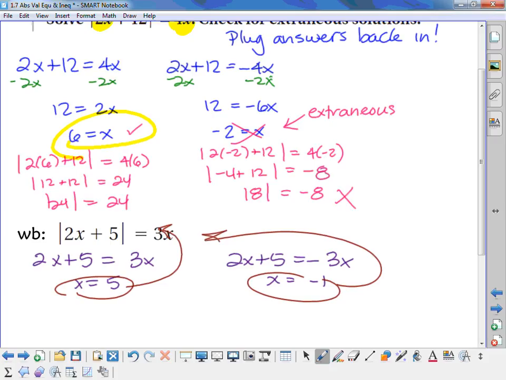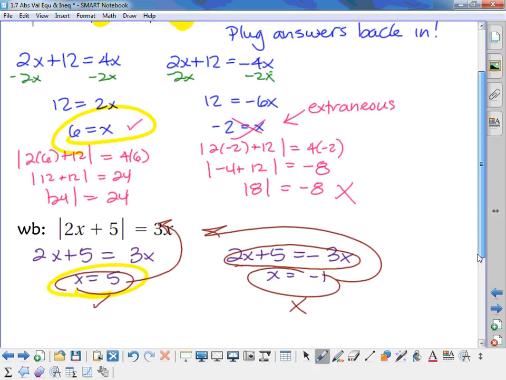Some people were plugging it into this equation instead, and then it was working, and so they thought it wasn't extraneous. But you have to go back and use the absolute value one. And if you do that, you find that the 5 works, but the negative 1 doesn't. And so you should have just gotten 5 for your answer. Okay? Do you guys need to do another one of those? Let's do one more.